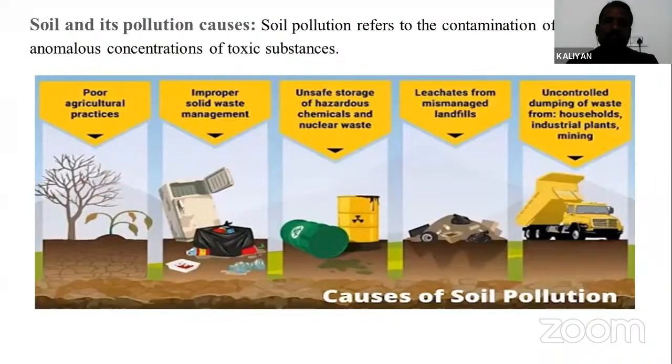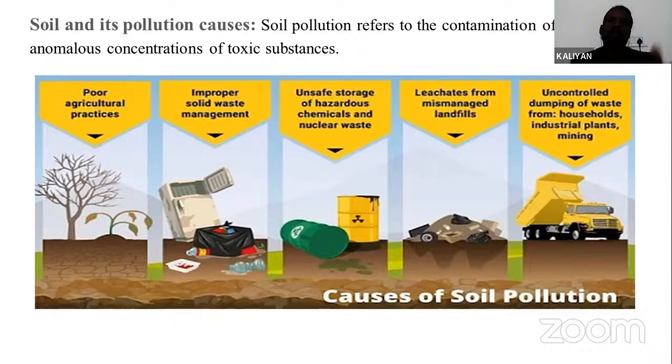And next is soil and its pollution. Soil pollution means contamination of soil with anomalous concentrations of toxic substances. The causes of soil pollution are poor agricultural practice, improper solid waste management, unsafe storage and hazardous chemicals in nuclear waste, leachate from mismanaged landfills, and uncontrolled dumping of waste from households, industrial plants and mining.